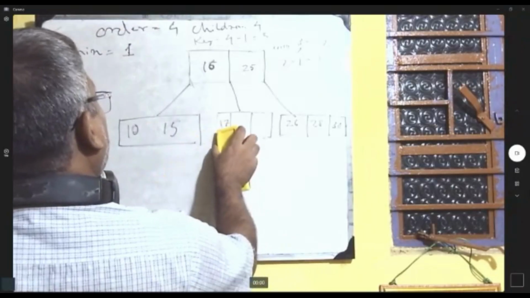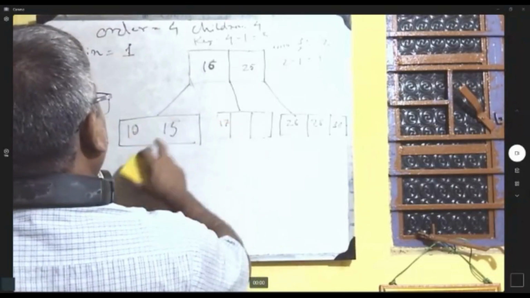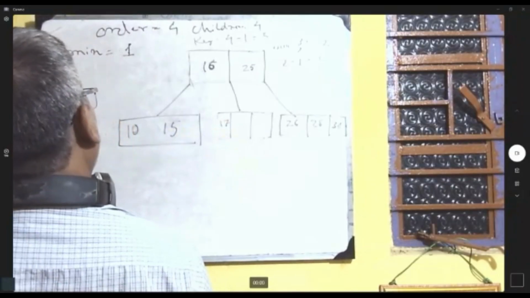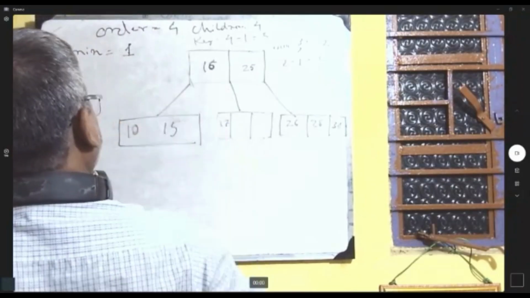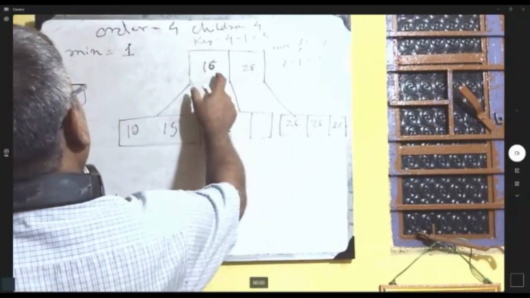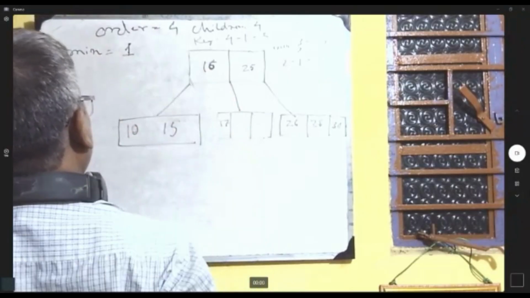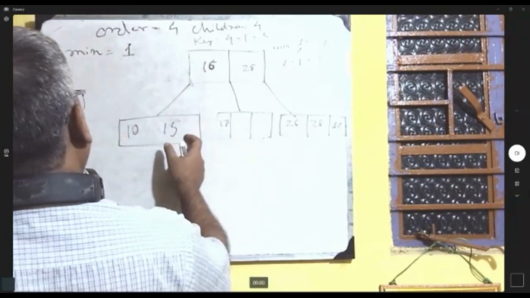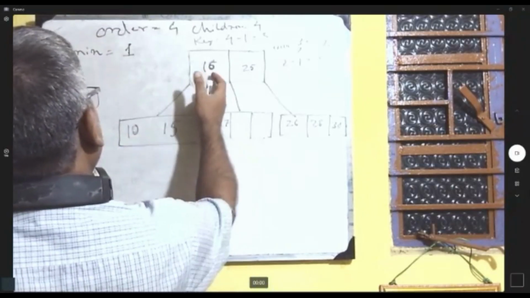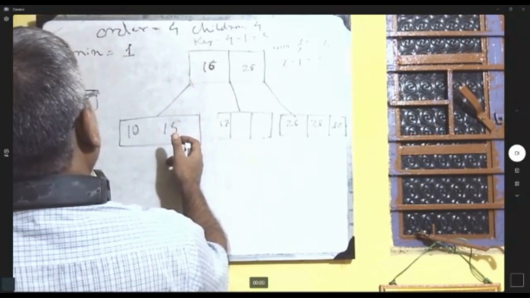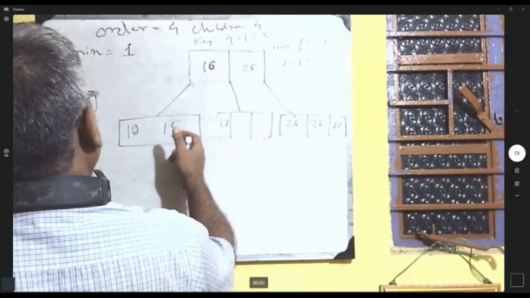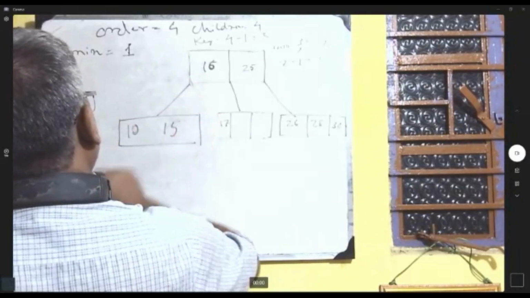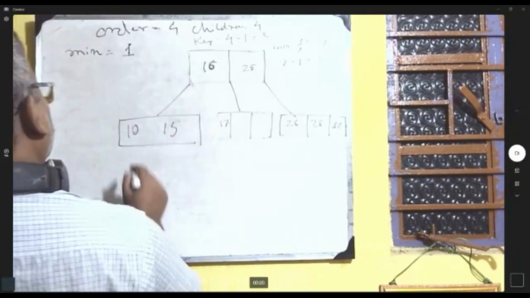Now if we want to delete 17, what is the procedure? If we delete 17, then no key exists at the middle node, that is the right node of 16. Then 16 will request its left node to borrow one element. From 10, 15, you take the immediate predecessor, 15, because it is the immediate left key, not 10.